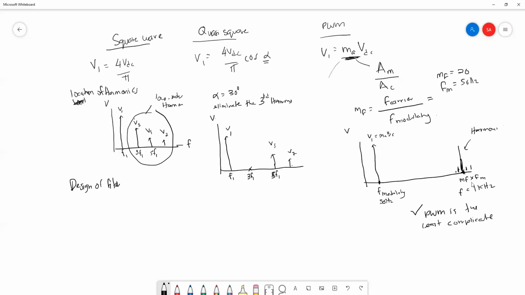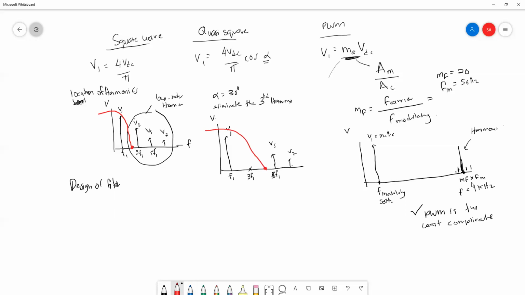For the square wave, you need to make sure that the cutoff frequency of the low pass filter is set accordingly, while for the quasi square wave, depending on the harmonic elimination, for example if you eliminate the third harmonic, you can design your filter to cut before the fifth harmonic.